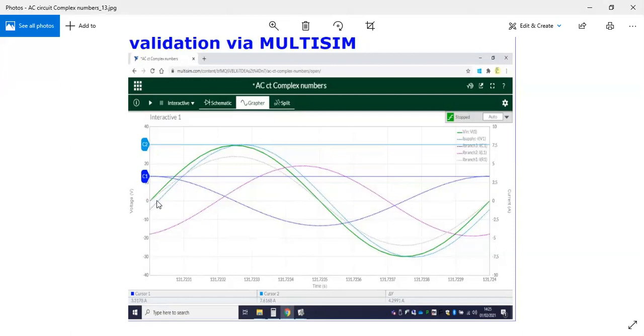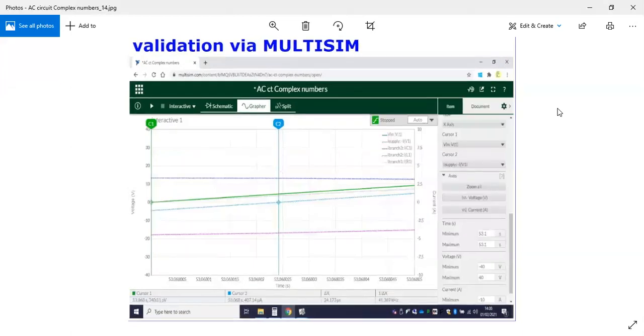If we want to measure this accurately, we can zoom in the horizontal, which has been done on this slide. If we put a cursor on the voltage here, and we put a cursor here on where the supply current crosses the 0 axis, we can see here that we have a time difference of 24.173 microseconds.